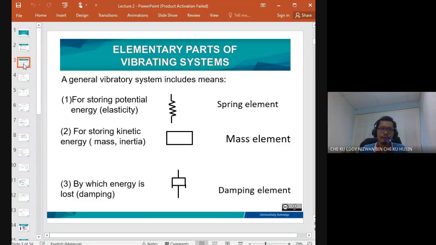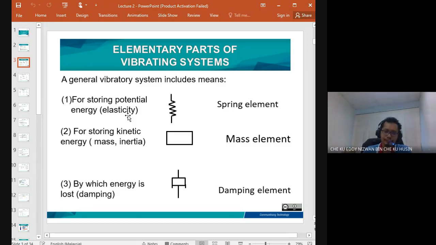For the first part, these are the elements of the vibration system, modeled as spring elements, mass elements, and damping elements.